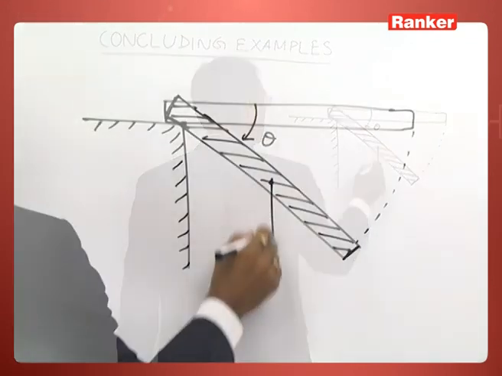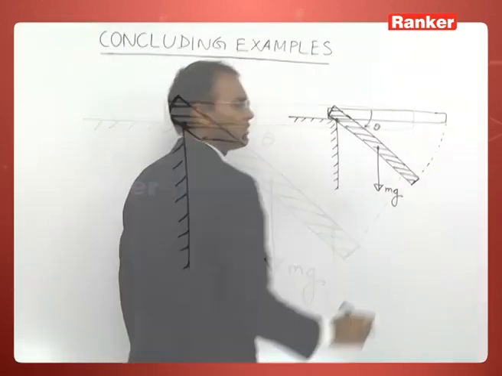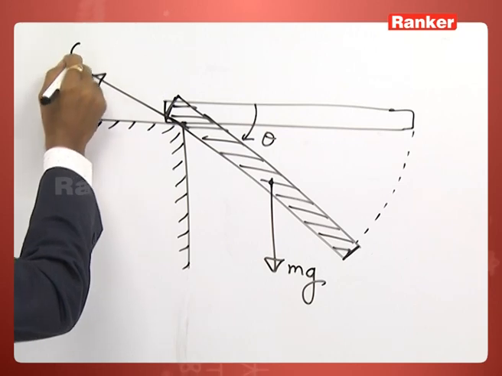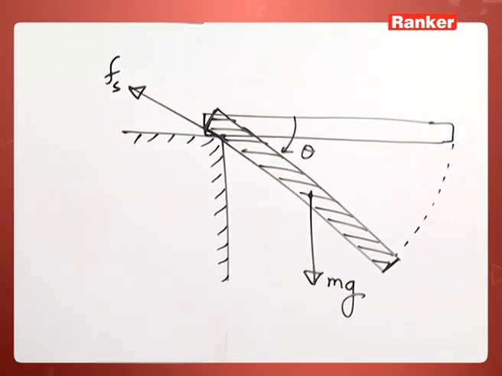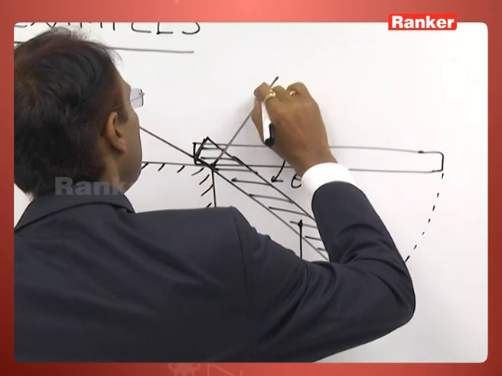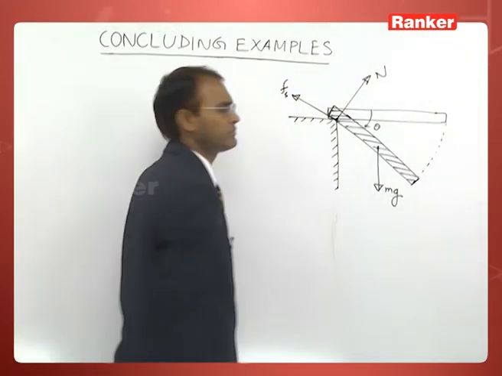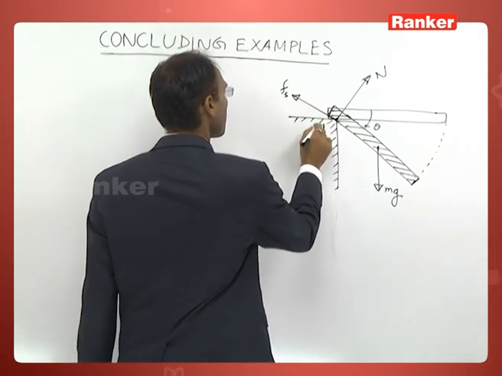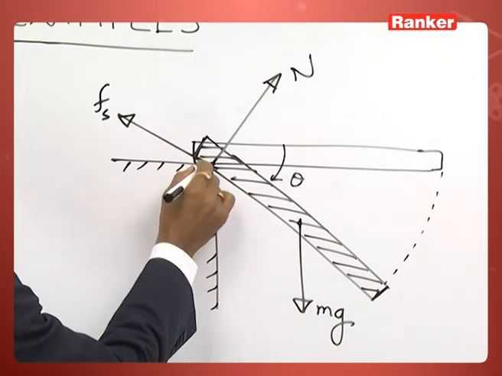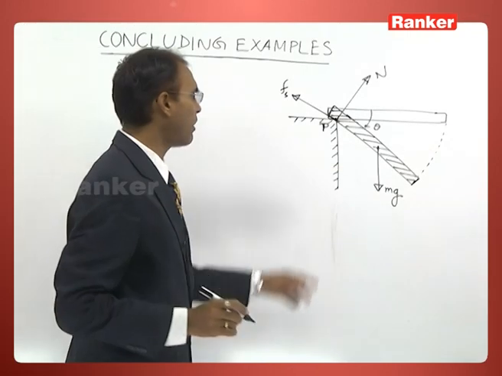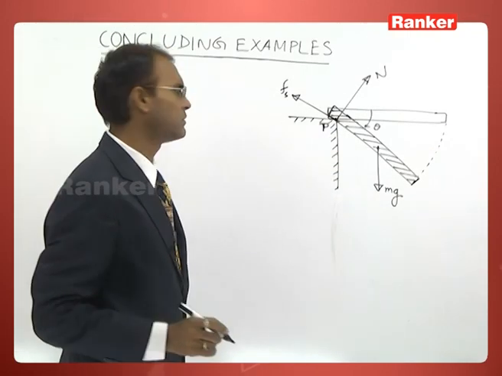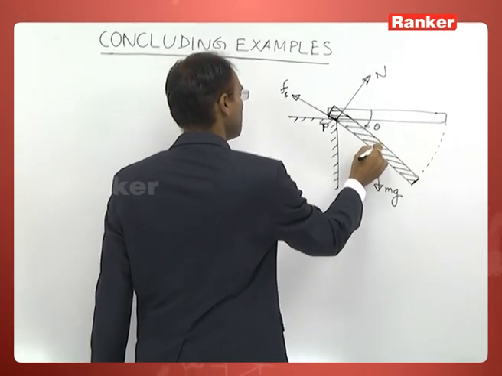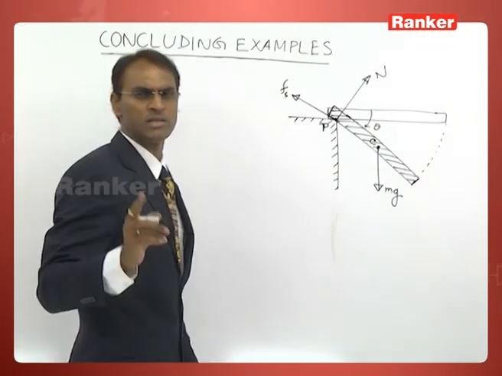Let us draw the FBD: gravitational force acting on the rod, the tangential contact force, that is none other than the static force of friction, and normal reaction force N. Since it is fixed axis rotation, we have the facility of writing the torque equation about this point, a pivot, or generally you can also follow by taking the center of mass as a reference point to write the torque equation.